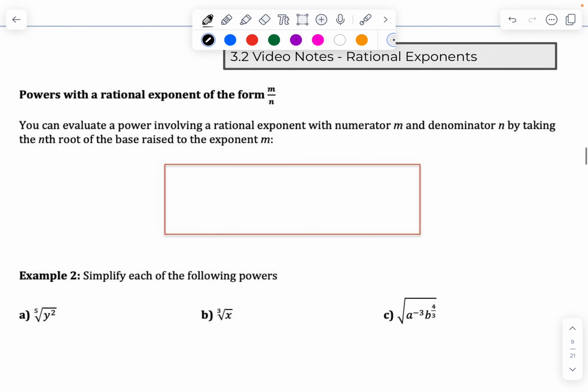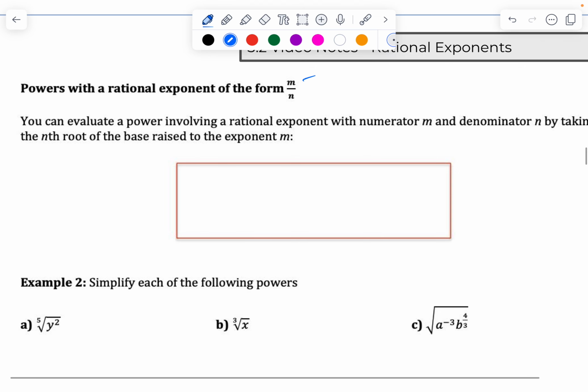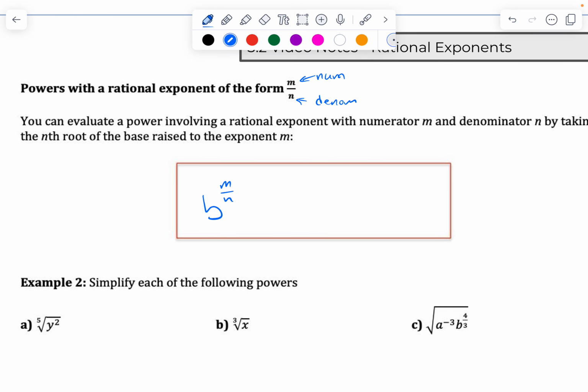What about something with a little bit more complicated of a rational exponent? Well, if I have a numerator and a denominator in my exponent, so I have a base b to the m over n.